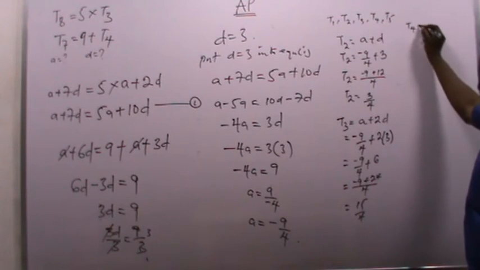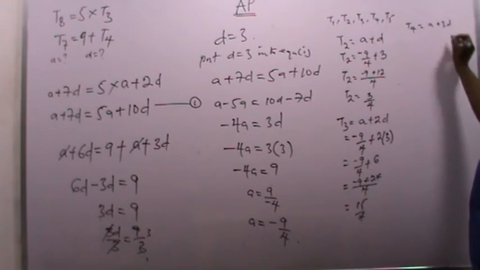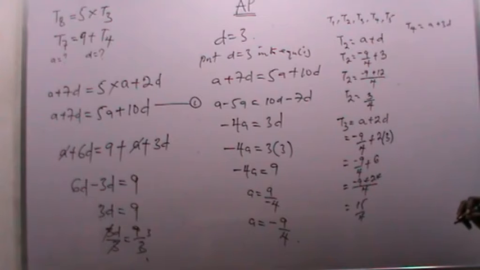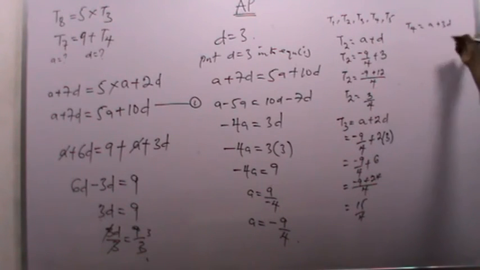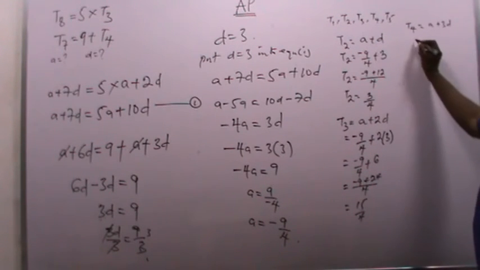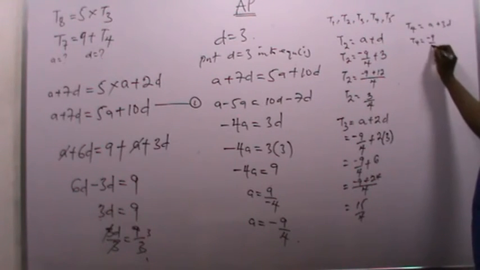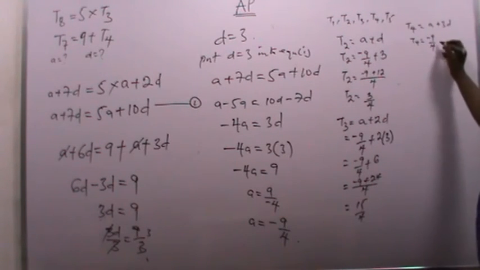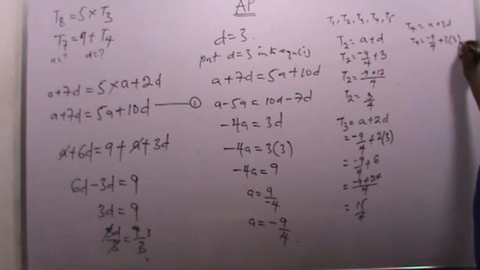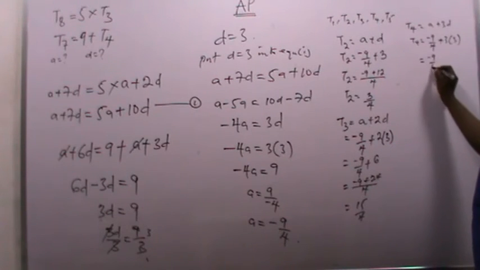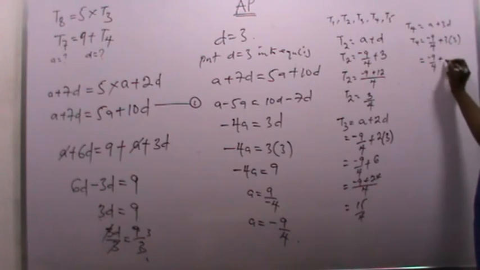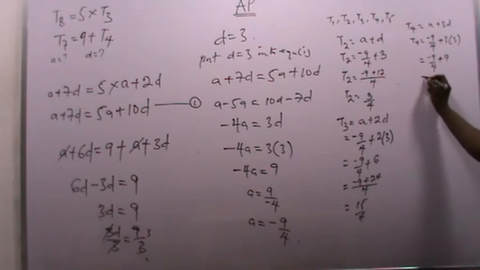Then T4 will be A plus 3D. So A plus 3D will give me T4 to be A, which is minus 9 over 4, plus 3 times 3, which is 9. So what do we have?